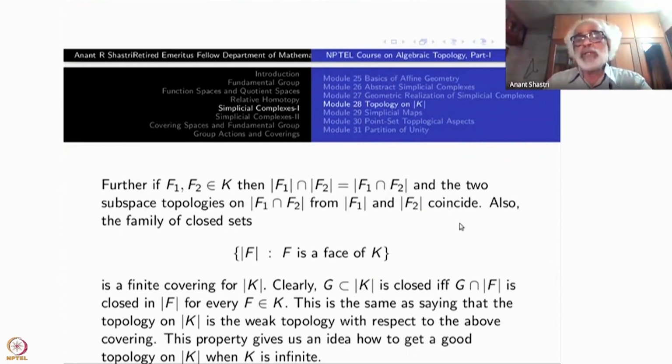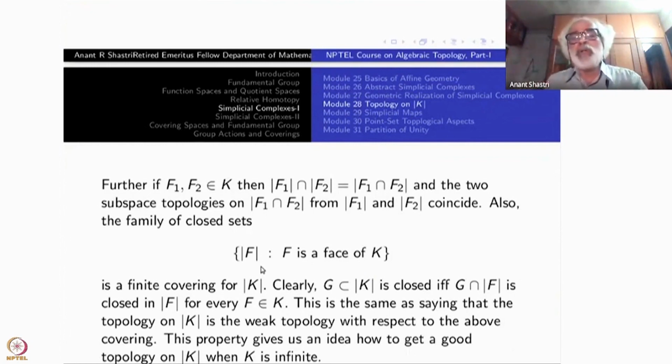All right. So the family of closed subsets, closed bracket F, what is mod F, they are the same. Whatever I tentatively put as bracket F is now the same thing as mod F. Thus, F is a face of K, and as soon as it is a face of K, it's a closed subset. Look at all these; that's a family of closed subsets.